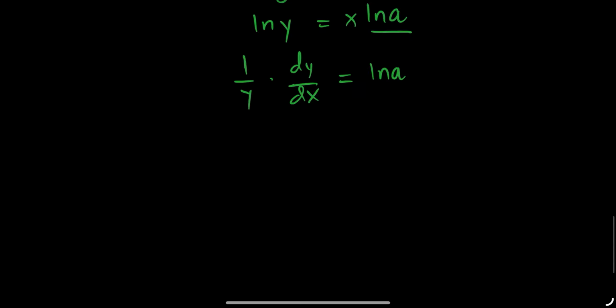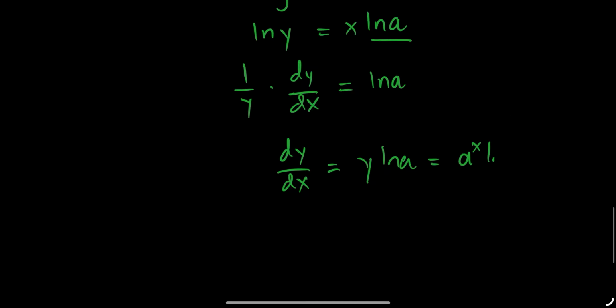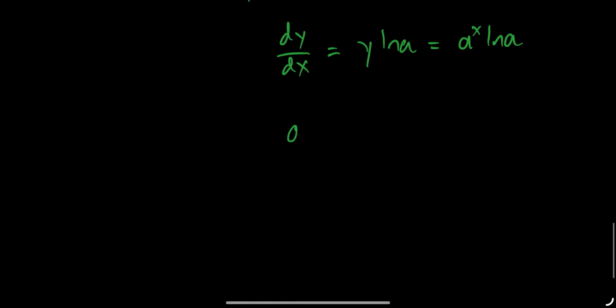Then we know that y is the same thing as a^x, so we get 1 over ln a times dy over dx, which gives a^x.